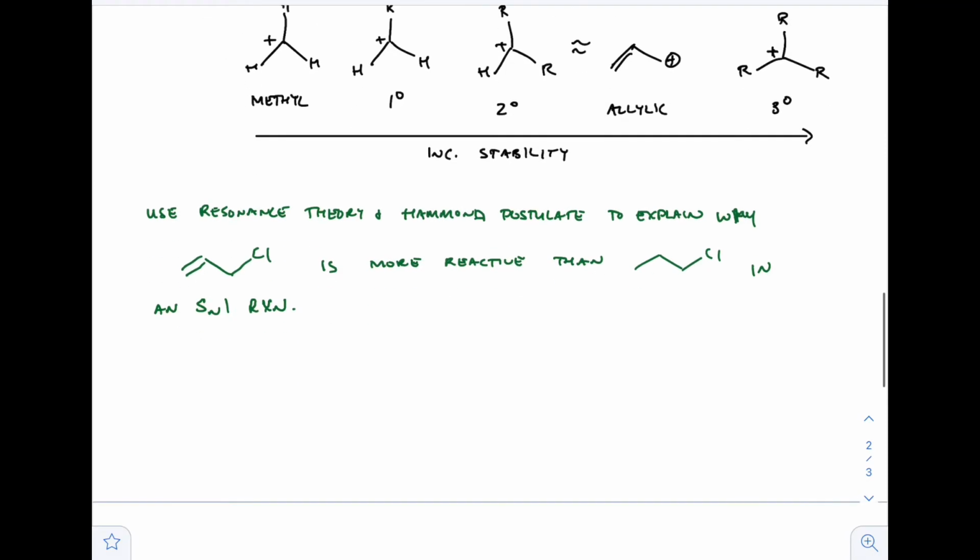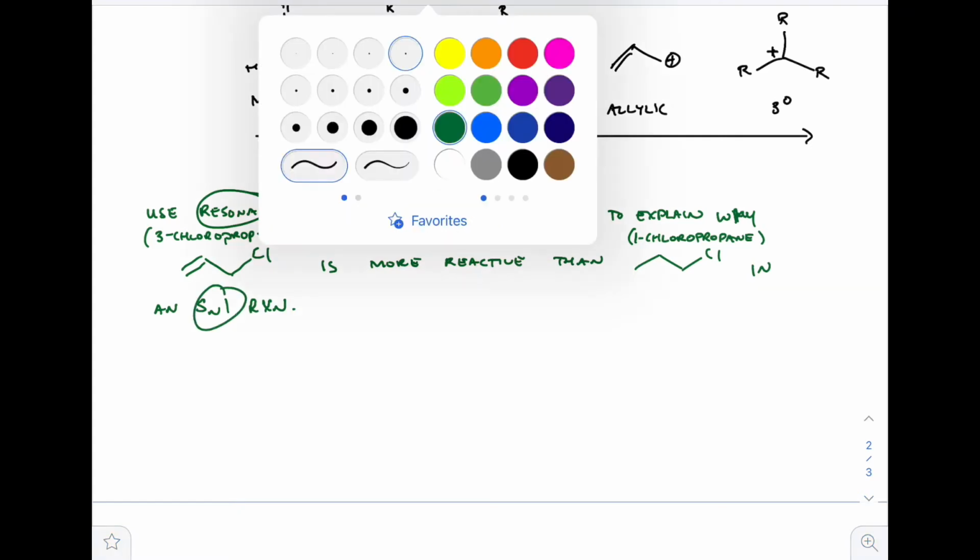So why is the allylic halide more reactive than just the alkyl halide? Just for nomenclature purposes, this is 3-chloroprop-1-ene, and then we have 1-chloropropane. We should know these. And again, resonance theory and the Hammond postulate for an SN1 reaction.